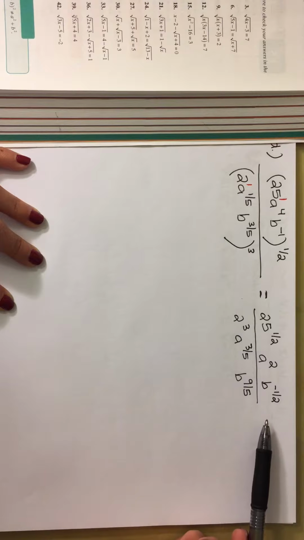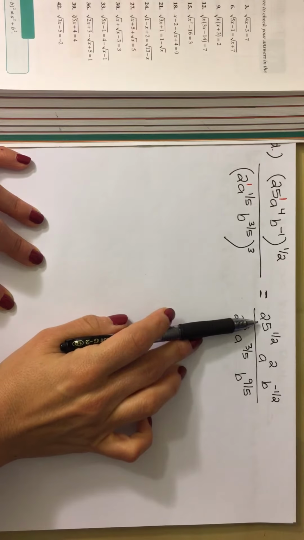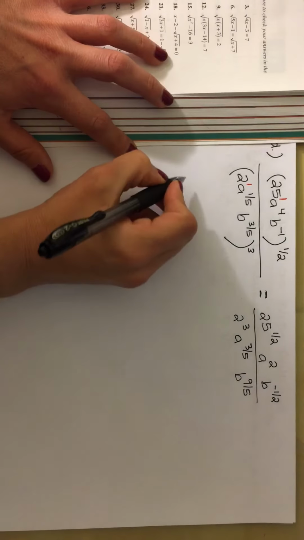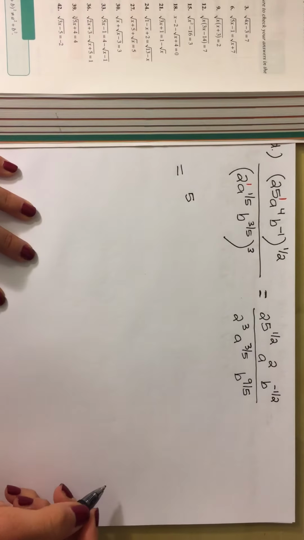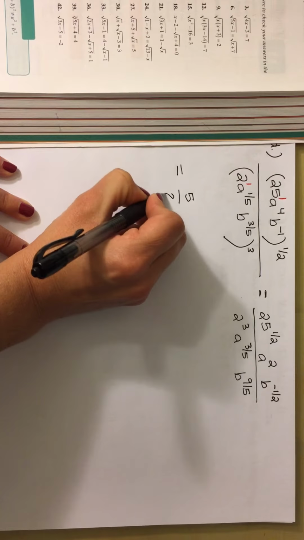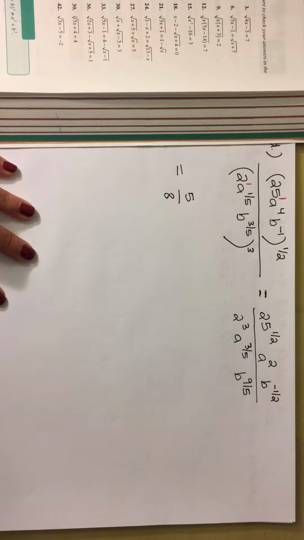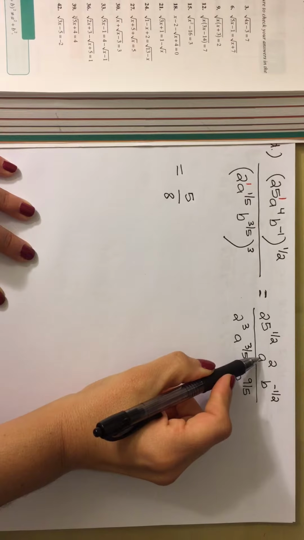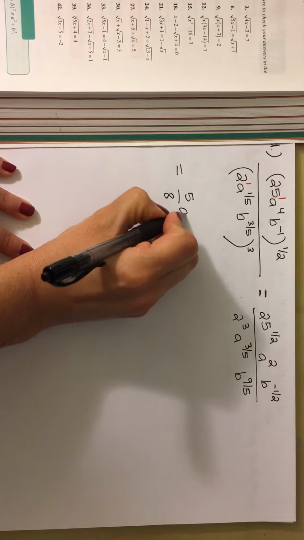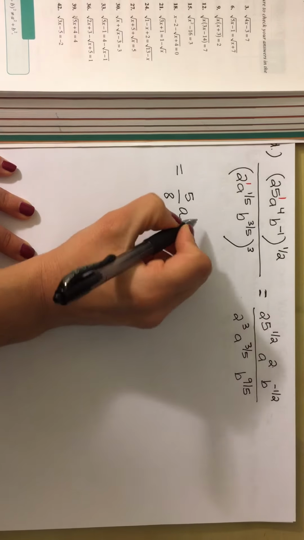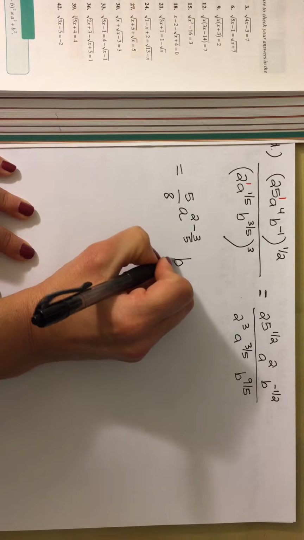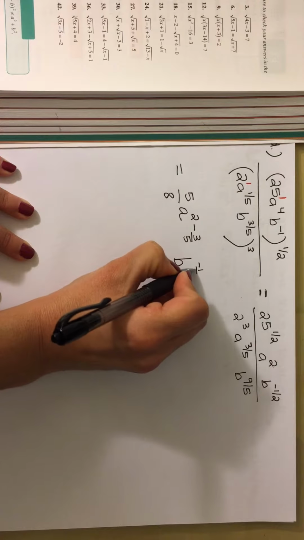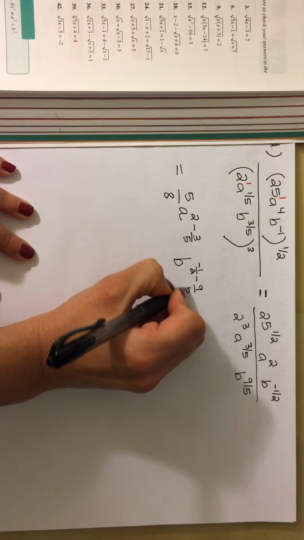Just need to be careful because the exponents are fractions. Let's start with the first part, square root of 25. I know that's 5. And then 2 to the 3rd is 8. So we have that. The next thing is that we have to use the quotient rule. So we write our base and we subtract our exponents. 2 minus 3/5. And then we have B, negative 1/2 minus 9/5.